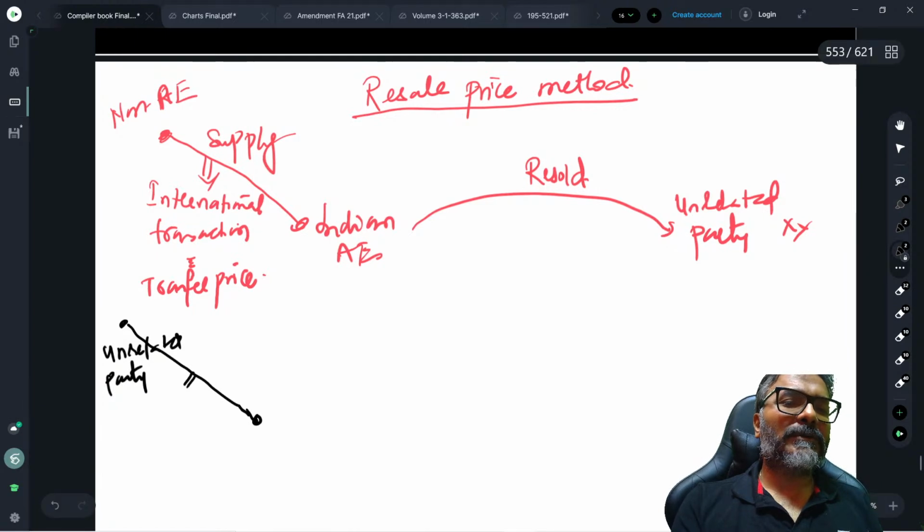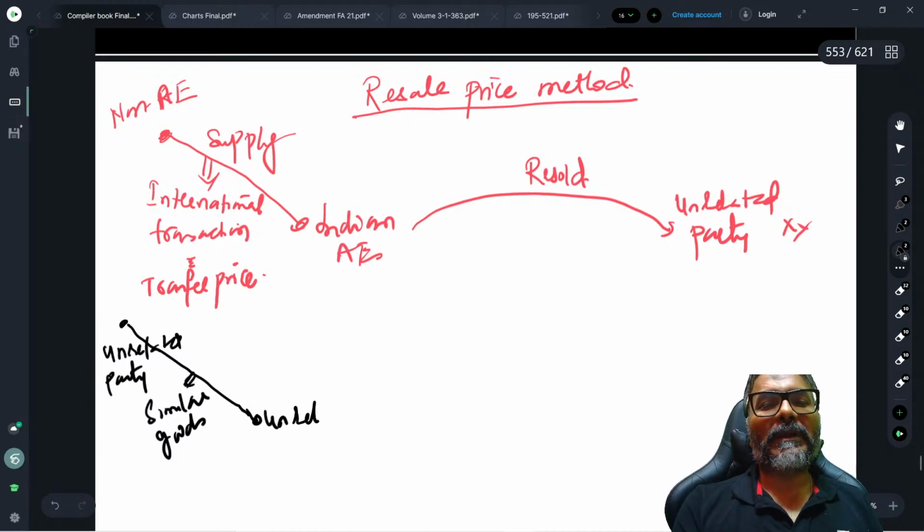So similar goods primarily is being supplied to an unrelated party. So it's a comparable transaction.